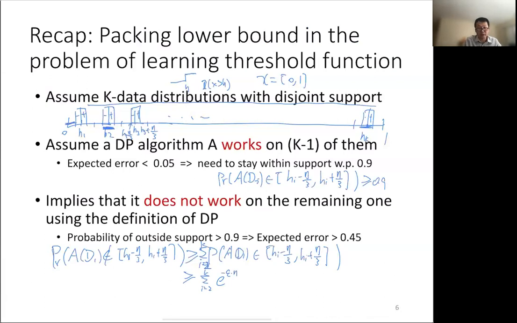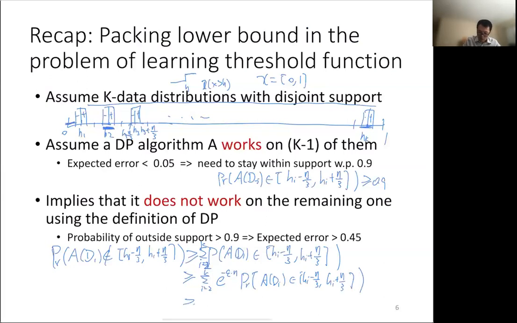So this follows from the group privacy property. And then we can switch this D1 into Di. So this is the probability of A(Di) being inside Hi minus eta over 3 and Hi plus eta over 3, in the interesting ballpark.